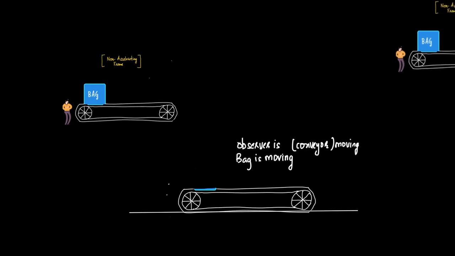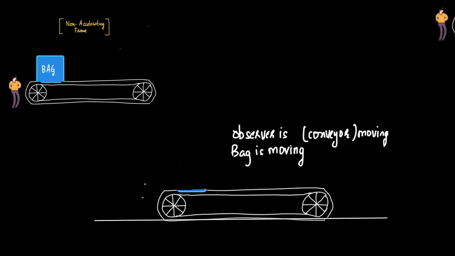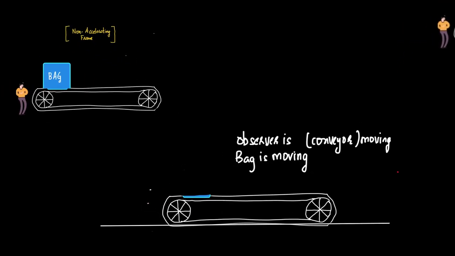Now what we'll see is, so far we discussed the non-accelerating frame, and this time we'll see the case where the observer is also standing on the conveyor belt, but I think I'll do it as a separate one.